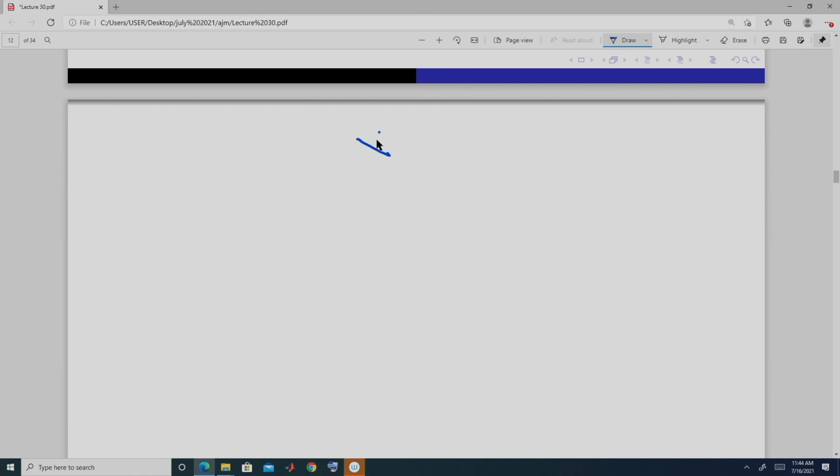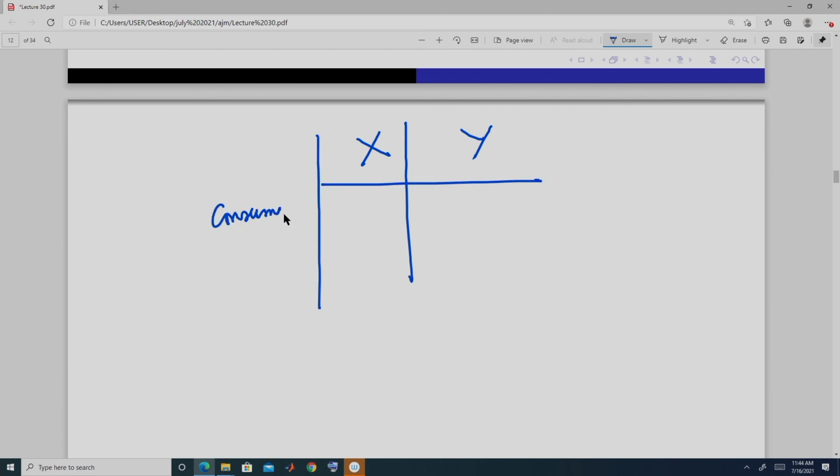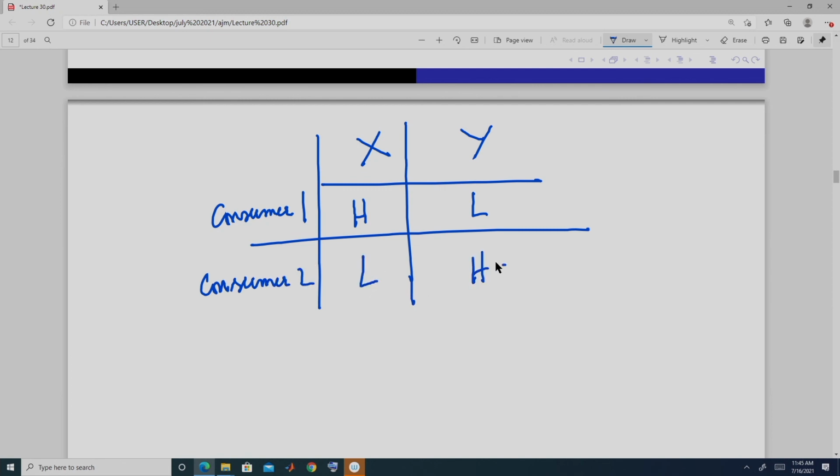Suppose we have two goods X and Y, and consumer 1 whose valuation is high for X and low for Y, and consumer 2 whose valuation is low for X and high for Y, and suppose these are the same, to keep things simple, otherwise we will have to do a lot of calculations.